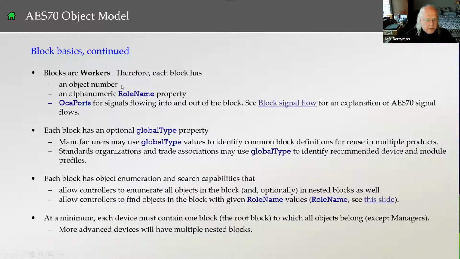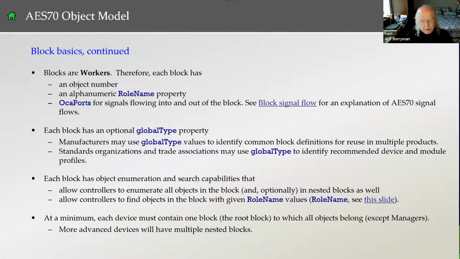Every block has one of these object numbers that I described before, just like the gain control and the switch have a unique number that identifies them inside the device. As well, a block has an alphanumeric role name property, so you can name these things channel 1, channel 2, channel 3. Every block has an optional global type property, which is almost like a SKU.